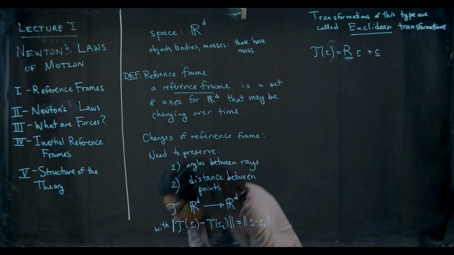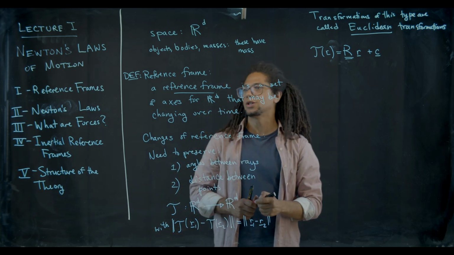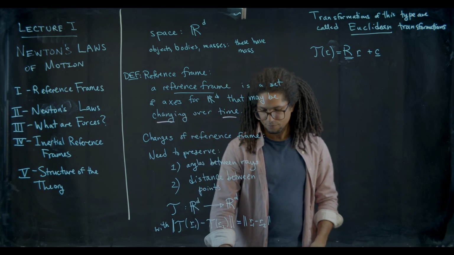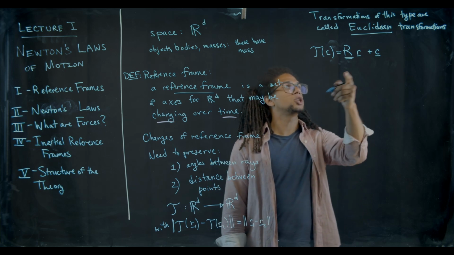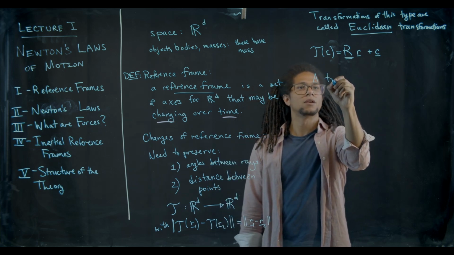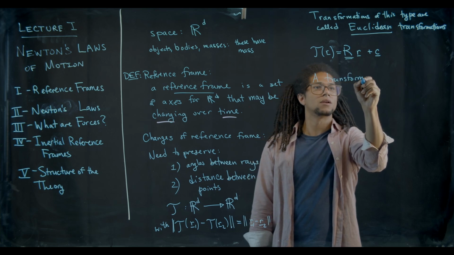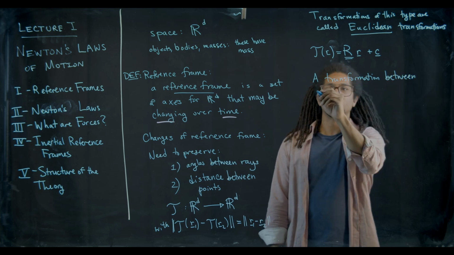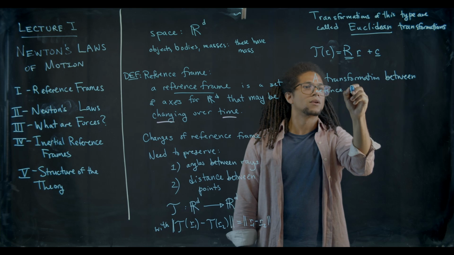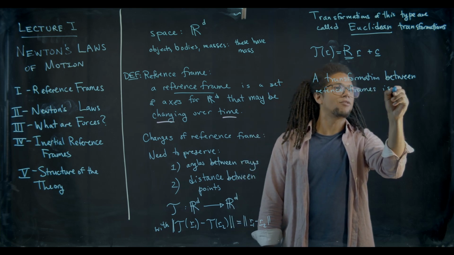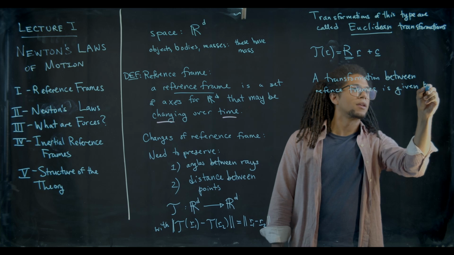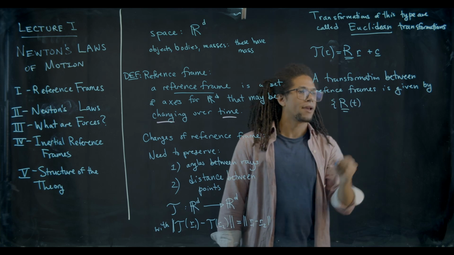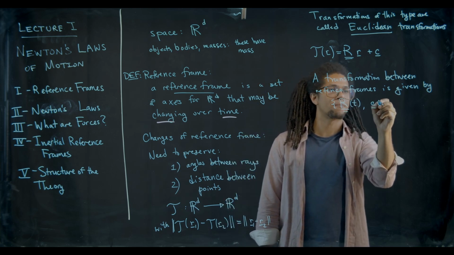But we do need to notice something, which is that we can have these change over time. So a transformation between reference frames is given by a list of that matrix at every single time and a list of that vector at every single time.